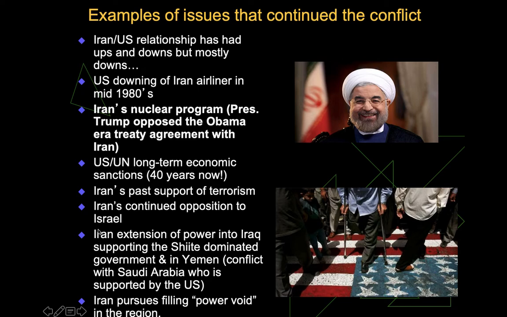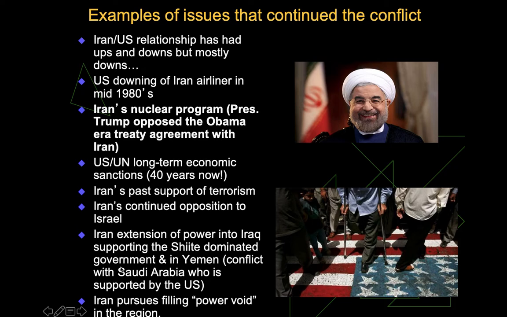And if you look at things now, one of the big things that's happening, which we'll get into in our next topic areas when we talk about Iraq, is that as Iraq has weakened in the region as a result of the early 2000s US invasion, the Iranians have really stepped in to try to fill some of this void of power within the region, especially as the United States has pulled out of the region more and more during the Trump administration.